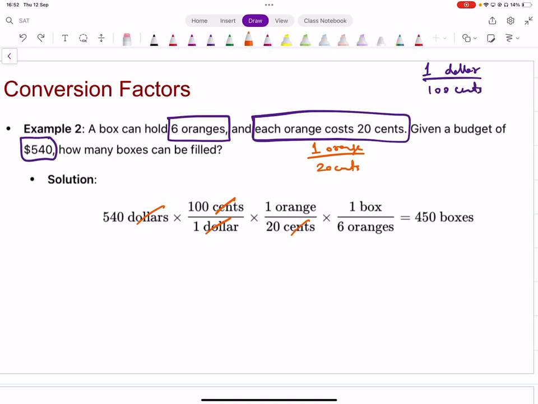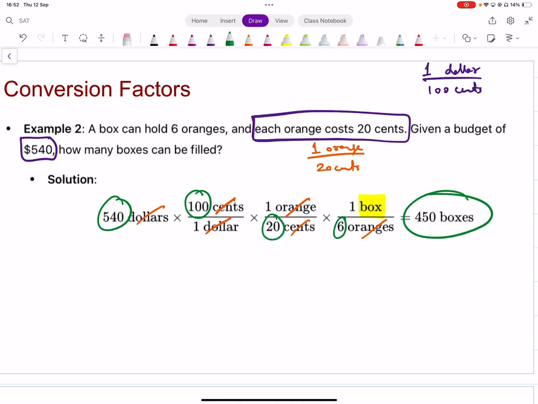What's the conversion between boxes and oranges? 1 box to 6 oranges. That's what you have here. 1 box to 6 oranges. Oranges and oranges, they get cancelled. What are we left with? We're left with box. That's the unit of the final result that we have. That's the number of boxes. And then the numbers are 540 into 100 divided by 20 divided by 6. And that gives you the final answer. That's 450 boxes.